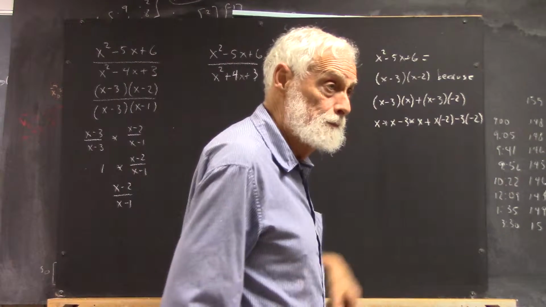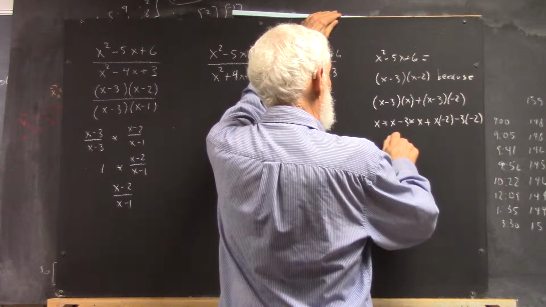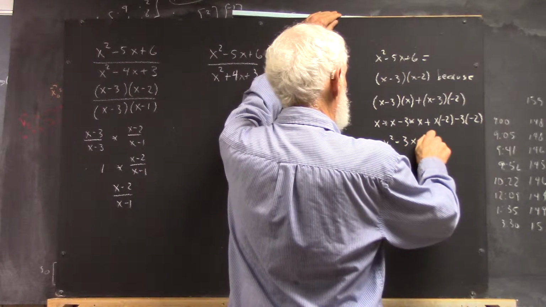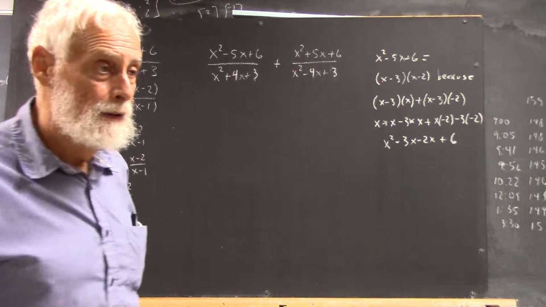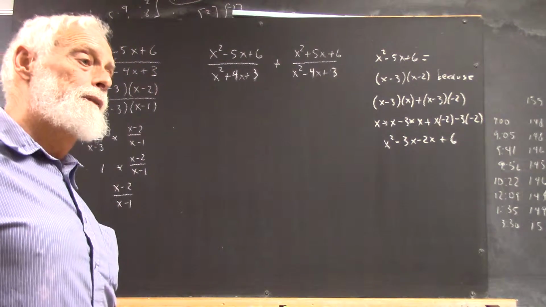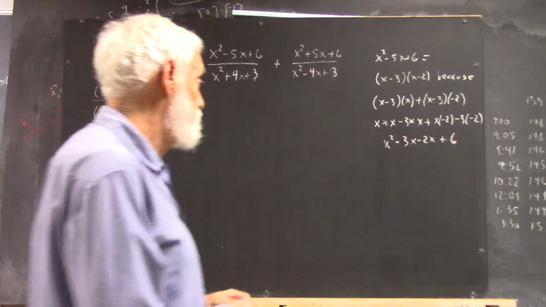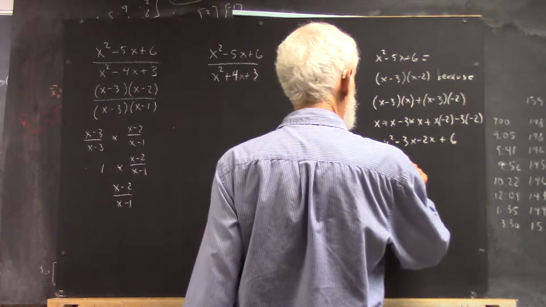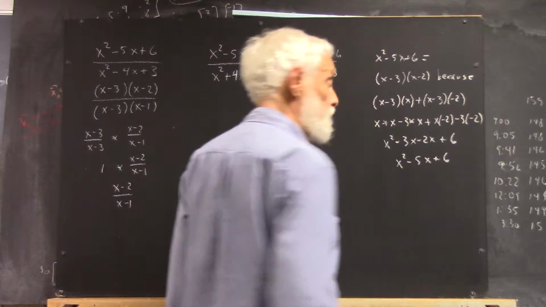And that is then x squared minus 3x minus 2x plus 6, which is x squared minus 5x plus 6.